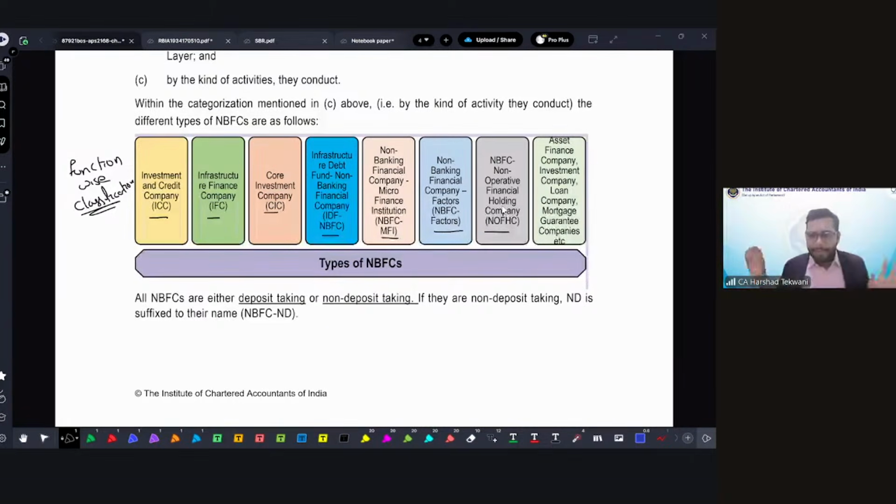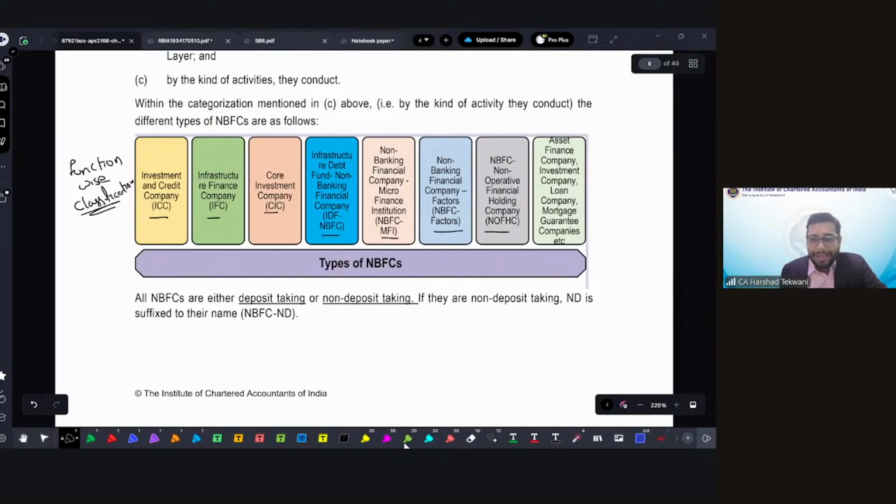Then there are multiple. There are various. These are just examples I'm talking about. If you go to the RBI website, you can see different regulations, different directions applicable. For example, asset reconstruction companies. Then there are multiple different kinds of NBFCs which are in existence right now.